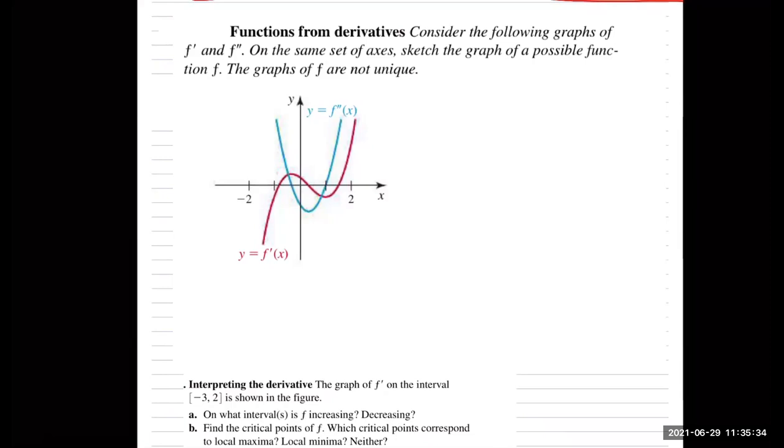We are supposed to sketch the graph of a possible function f. That means our graph will have the correct shape, but we may not be able to tell exactly what the y values are. We just want to make sure that it has the right shape.